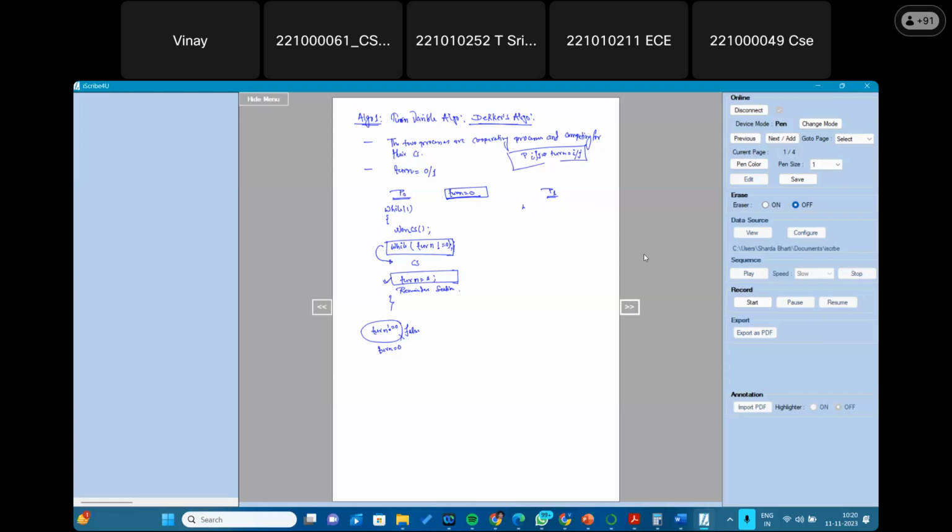Similarly, we can write the code of P1. While P1 wants to execute: non-critical section, while turn not equals 1, critical section, turn equals 0, remainder section.